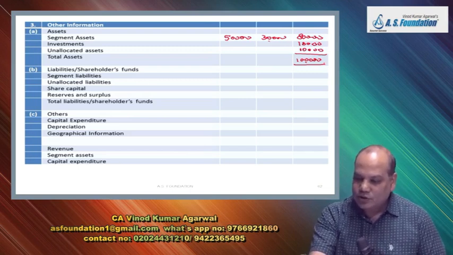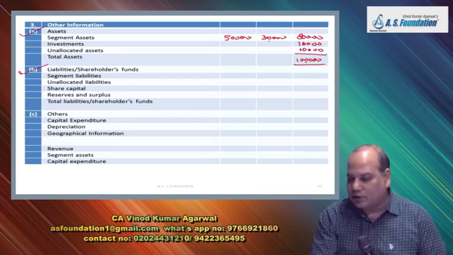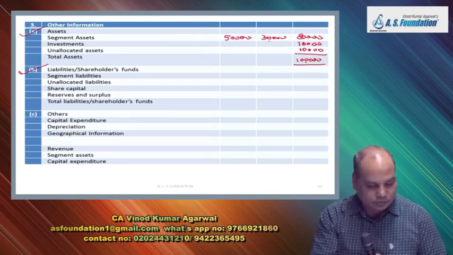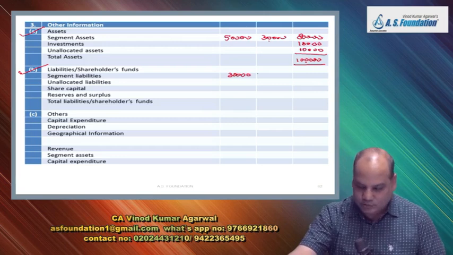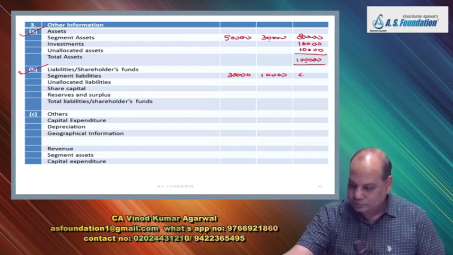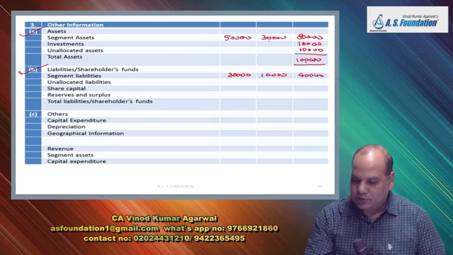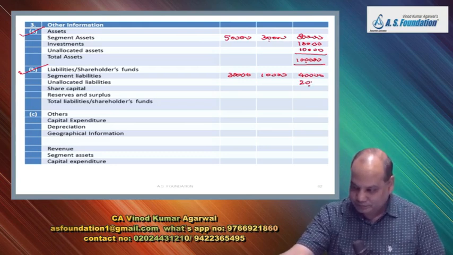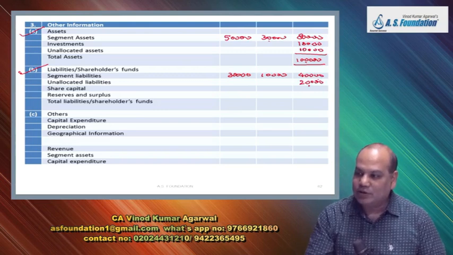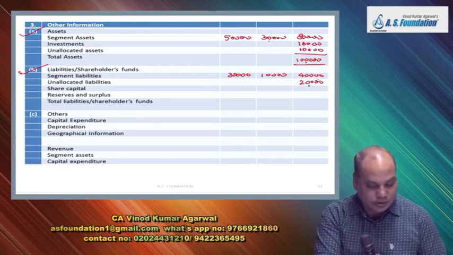Now the next disclosure requirement is liabilities and shareholders' funds. So segment liabilities which can be identified: 30,000, 10,000, total 40,000. Unallocated liabilities, how much? It is there in the question: 20,000.